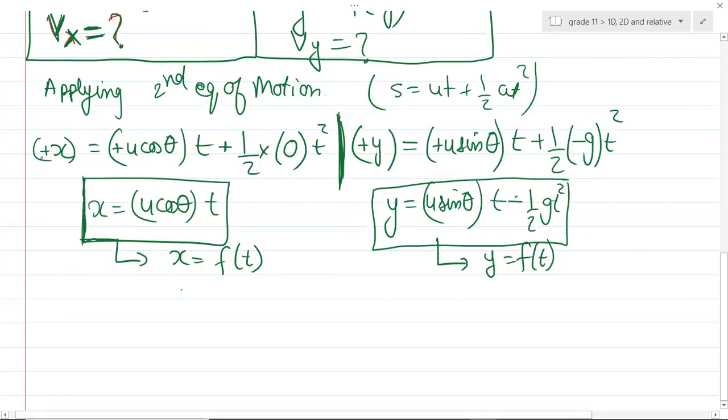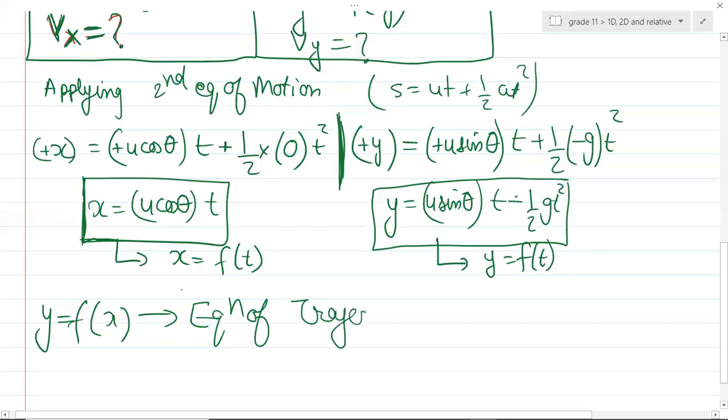So, this is your position, x coordinate as a function of time, y coordinate as a function of time. If I remove this time variable, will I get the equation of trajectory? Do you remember? Last class we did, y equals f of x is basically called the equation of trajectory. So I'll eliminate the time from here.